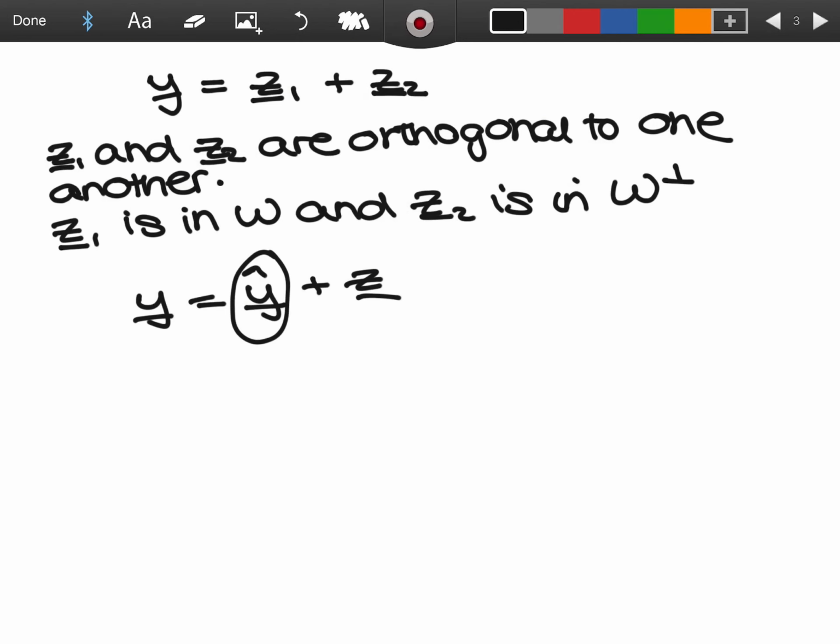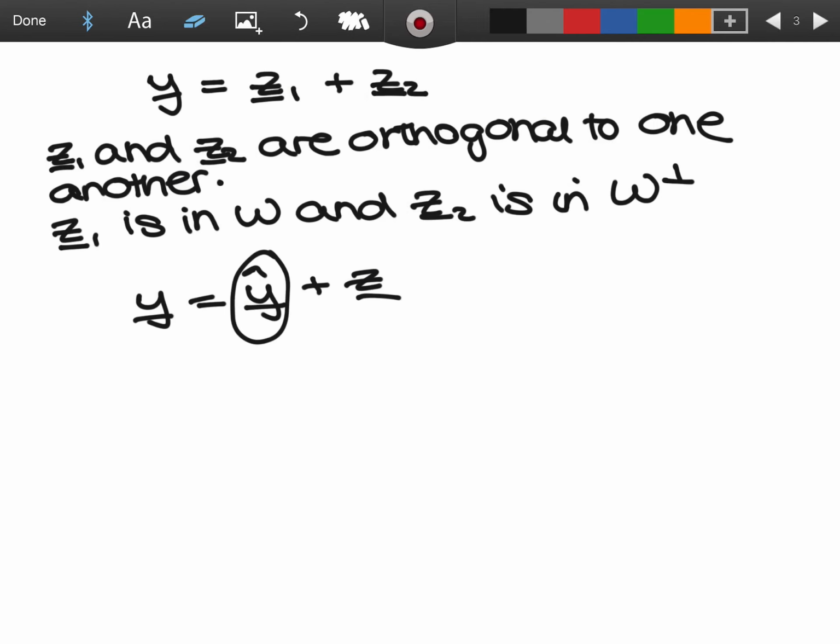When you decompose Y, for any Y in Rn, into these vectors that are orthogonal to one another, this time you want to split it into this multi-dimensional subspace, W, and this other subspace that is perpendicular or orthogonal to W. So Y hat is in W, Z is in W perp.